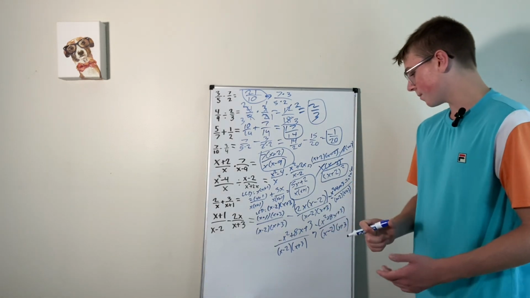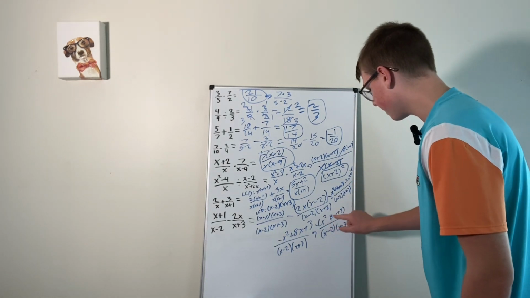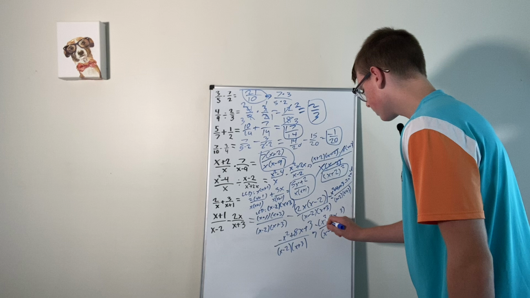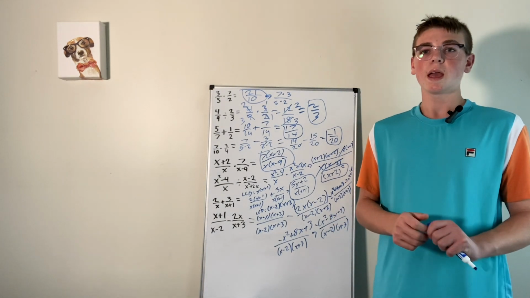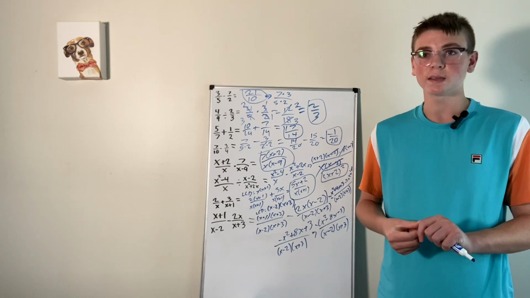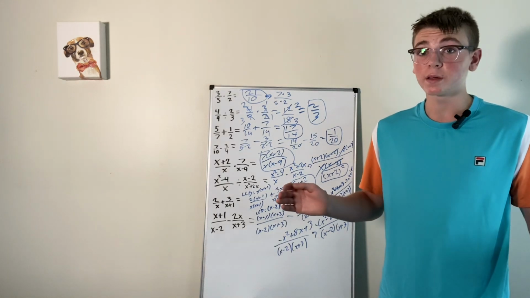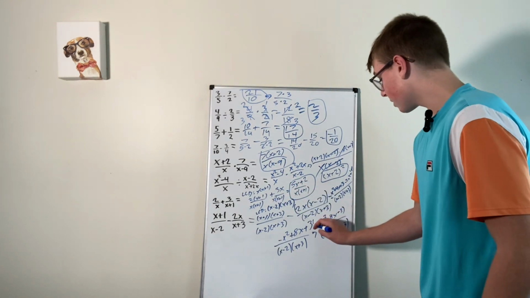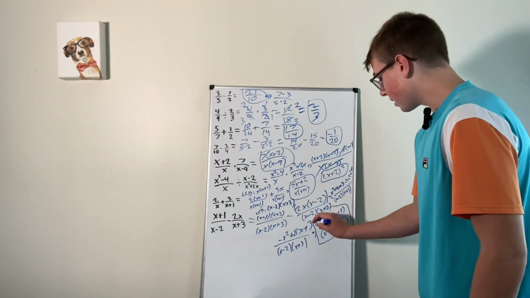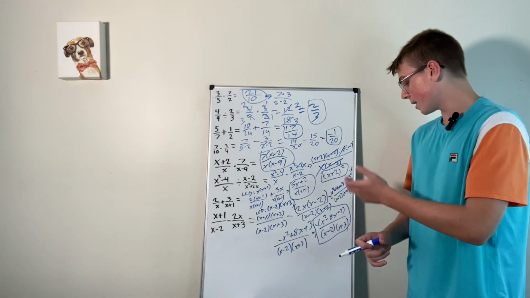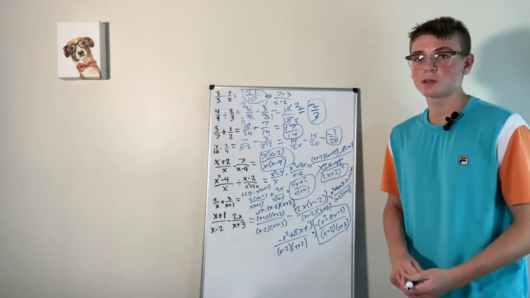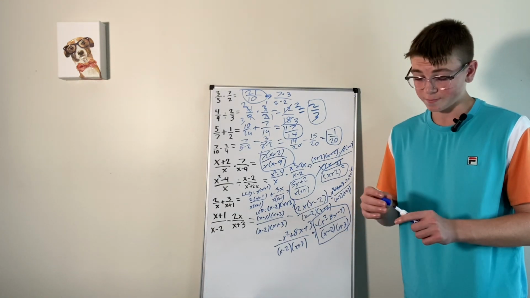Oh, that is a negative negative. Just see, okay, is there anything that multiplies to negative 3 and adds to negative 8? And I don't believe there is. So this is our final answer. Negative x squared minus 8x minus 3 over x minus 2 times x plus 3.